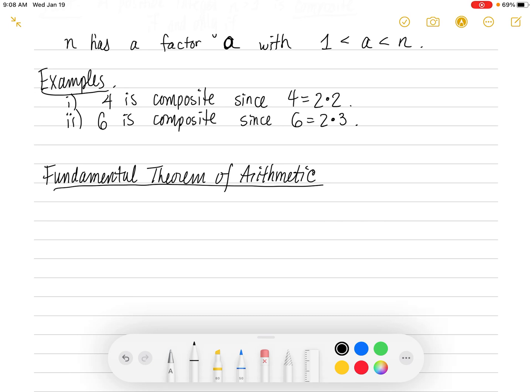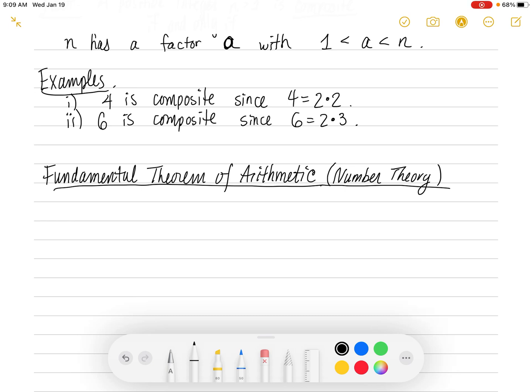But if you go back and look at the history of the meaning of this word, arithmetic actually means number theory. Number theory is a field of mathematics where you study the integers. So basically this is the fundamental theorem of number theory.